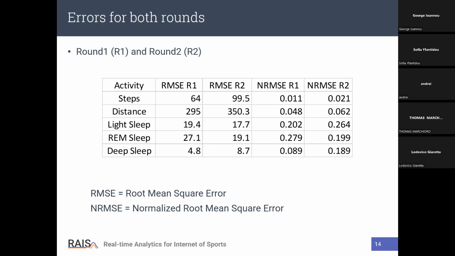Our results suggested... So yeah, this is a table that summarizes the results. We calculated root mean square error and normalized root mean square error between both rounds, and we compared them. Our results suggest that there is no significant difference between both rounds.